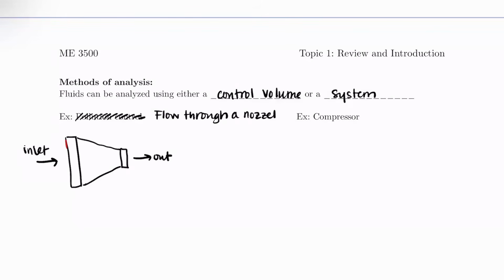If this is our system, is it an open or a closed system? It's open, right? We have mass coming in and out of it, so it has to be an open system. So we use a control volume.